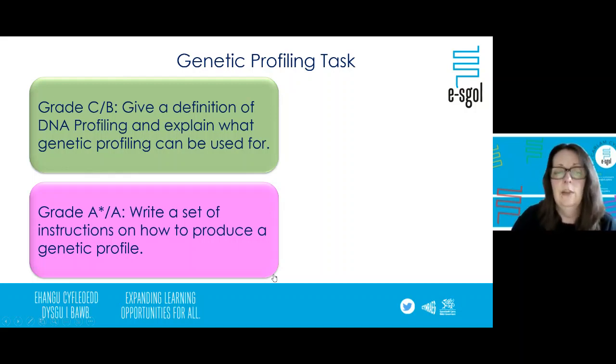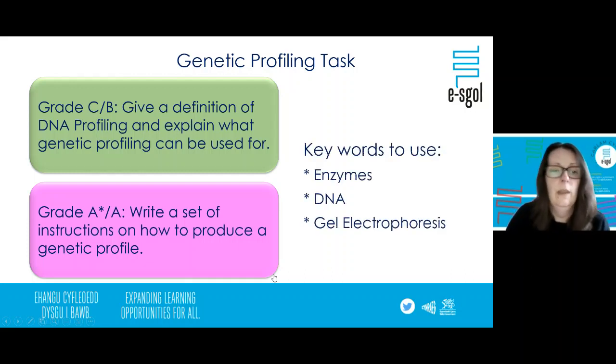So genetic profiling is using and producing a genetic profile of an organism, and it can be used to determine the paternity of a child, or to help solve crime, or to classify a living organism.